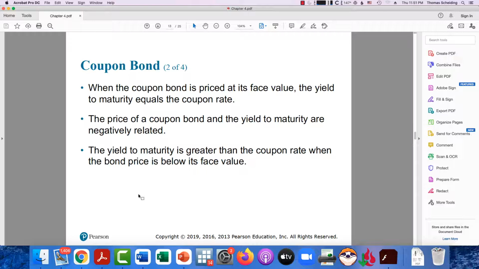Where they differ would be if the price of the bond is less than its face value, meaning that there's a discount. In that case, again, it's occurring because the yield to maturity is greater than the bond interest rate that's stated on the bond.